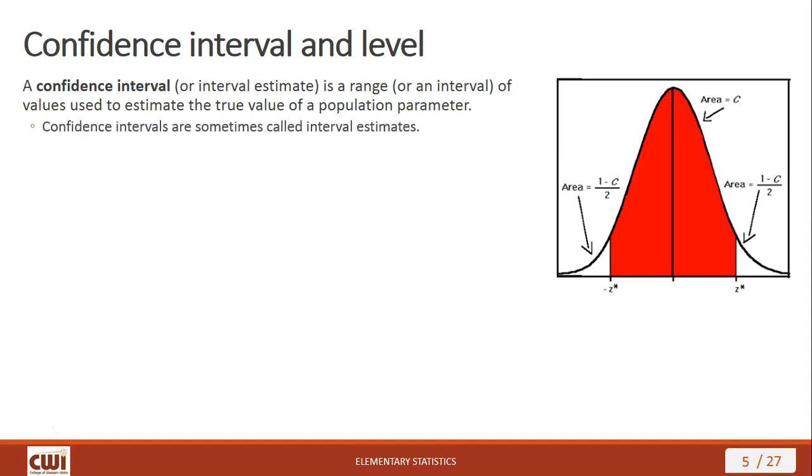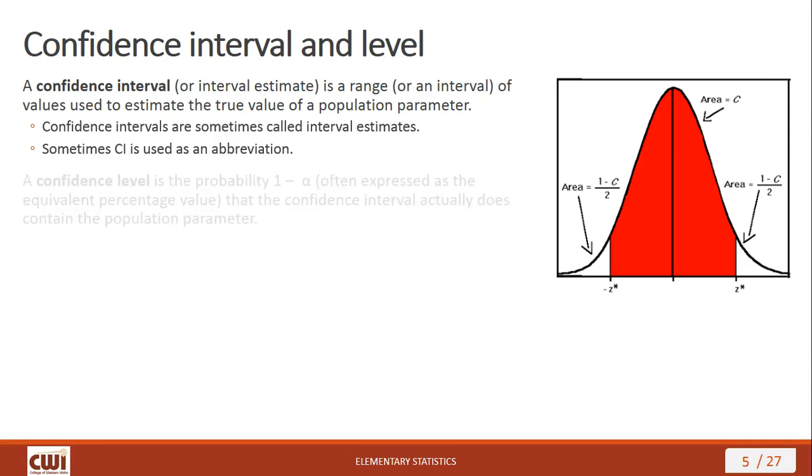Confidence intervals, as I mentioned previously, are sometimes called interval estimates because we're saying that an estimate of a population parameter is located within this interval that has a lower limit and an upper limit. Sometimes CI is used to abbreviate confidence interval, and you're going to see me using this abbreviation quite a bit. So if I ever say CI, you know I'm talking about confidence interval.